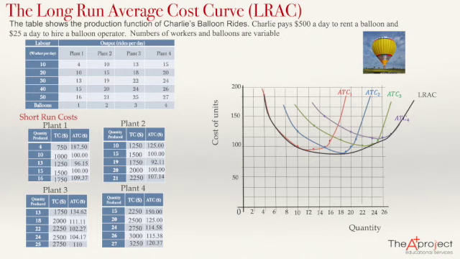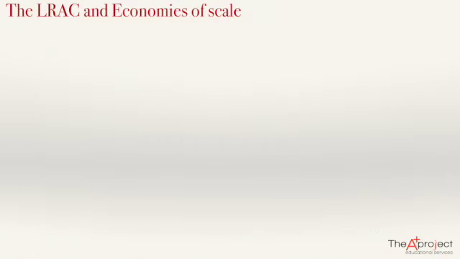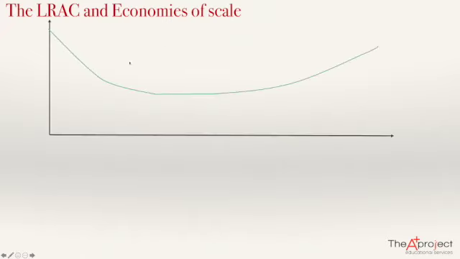Let's analyze a little more how this curve looks. Let's try to obtain information on the form of the long run average cost curve and define the concept of economies of scale. So the long run average cost curve will be a curve like this that will have several intervals. The first interval is a decreasing interval. When the quantity is increasing, the cost is decreasing.